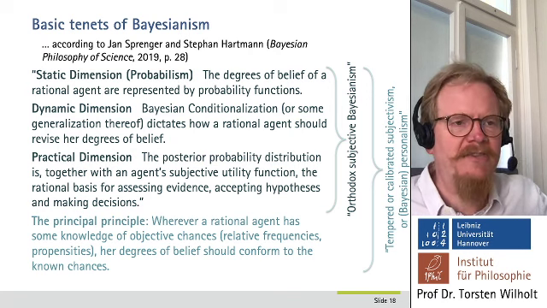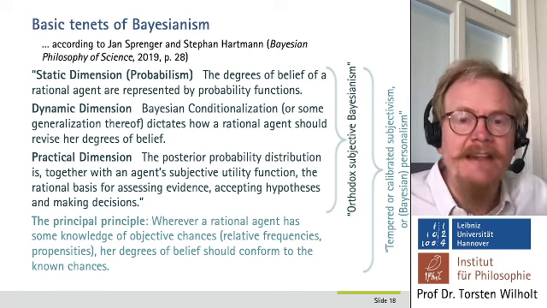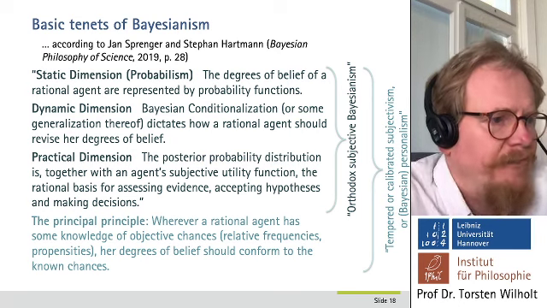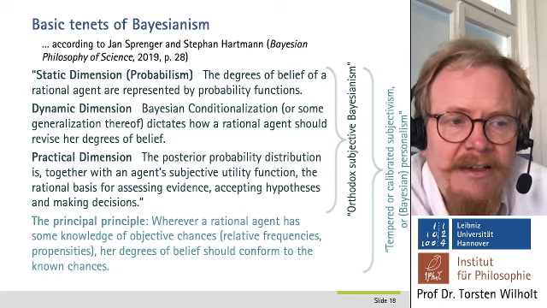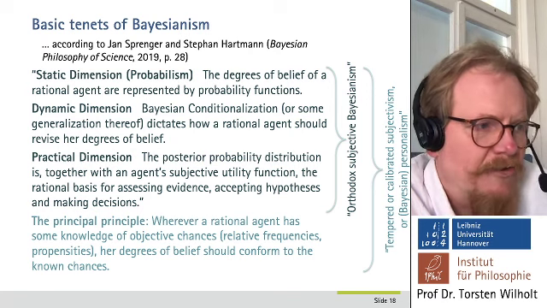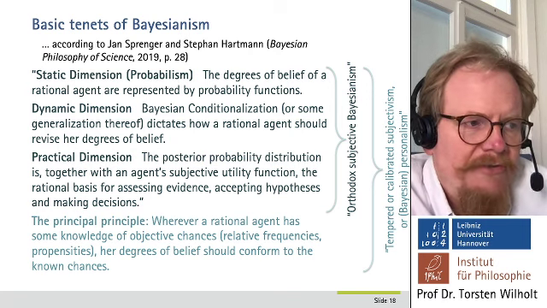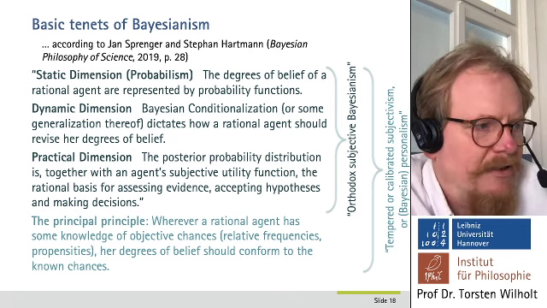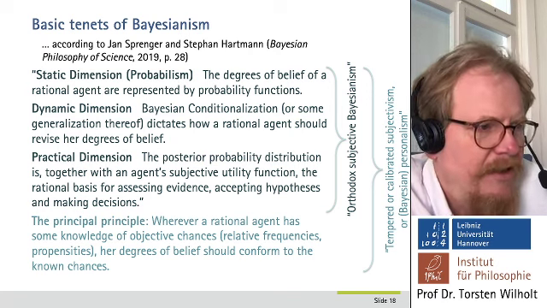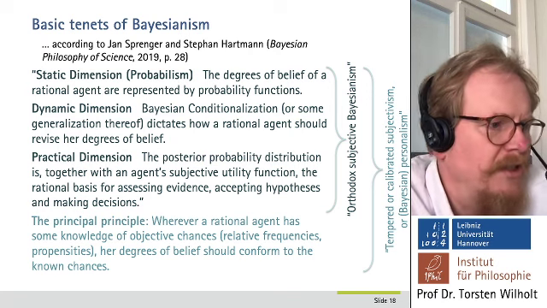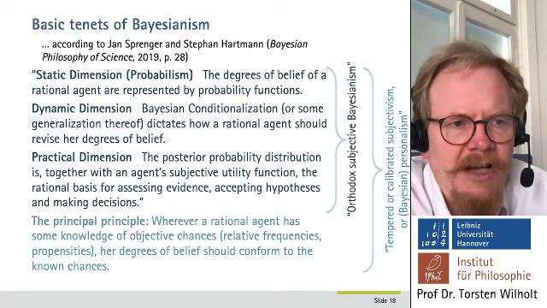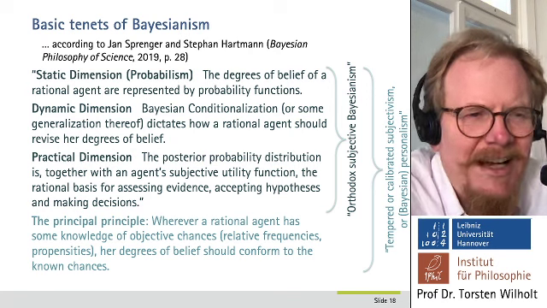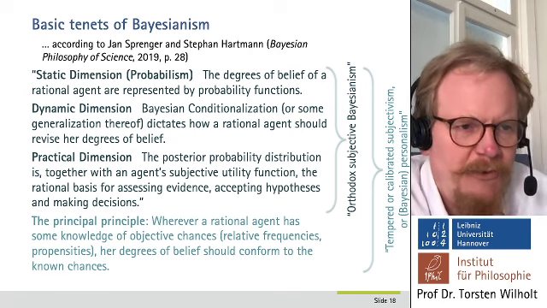So calibrated subjectivism asserts that we sometimes, in the case of some propositions, have the opportunity to take our knowledge of objective chances into account and take clues for how to assign prior probabilities from what we know about objective chances. And in those cases where we have this opportunity, we ought to use it in order to be fully rational. That's now kind of a mainstream view.